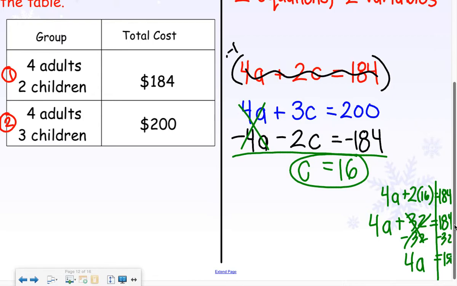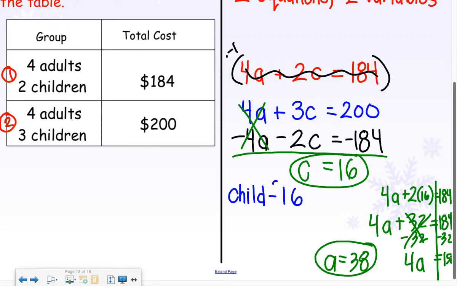And if I divide both sides by 4, I end up with a equals 38. So what that means is a child ticket is $16. An adult ticket is $38.